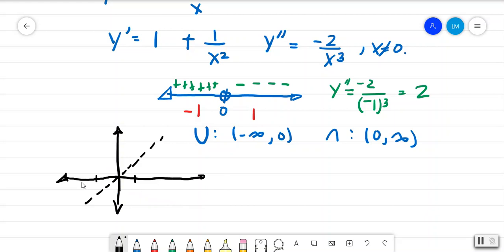So what that means basically is that the graph looks something like this, and then the graph does something like this. This is not really a great sketch, but it's at least giving us the idea that it's up from negative infinity to 0, and then it's down from 0 to infinity.